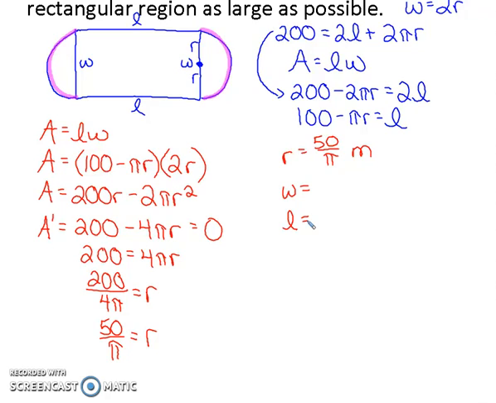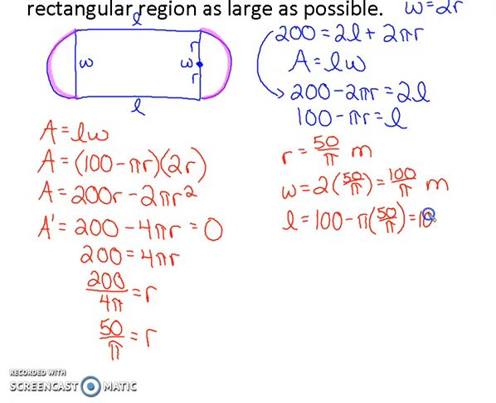I would list all the dimensions. Don't leave anything out. So the width is 2r, so it would be 100 over pi meters. And don't forget your units, because a lot of times, especially if this is an FRQ, one of the 9 points will be for having those units in there. And then the length is 100 minus pi times 50 over pi.